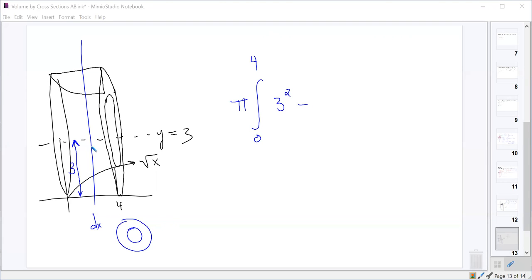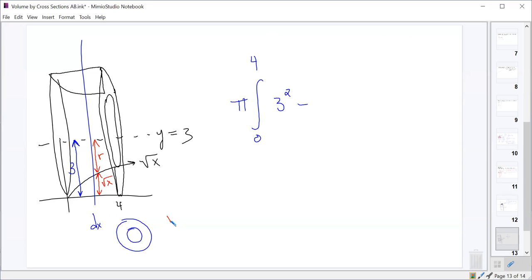And my inner radius has to go from the line we're revolving around to the upper bound of my region. The upper bound of my region is square root of x. So this is my inner radius. This piece below it is square root of x.